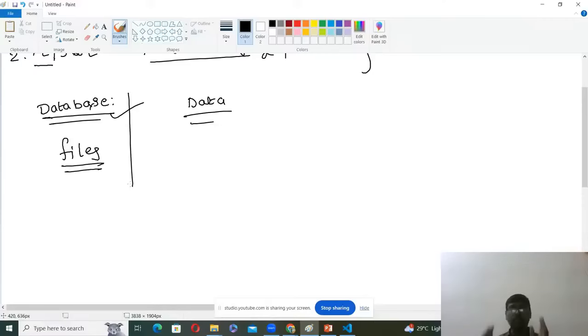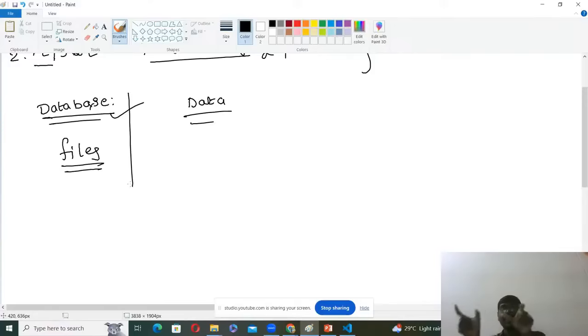For example, you are going to some SBI bank and you open one account. General scenario. A file is created with your name, and you are moving to, suppose, the car loan section. Here one file is created with your name. You are applying for a car loan, you are moving to gold loan, suppose you are moving to house loan.